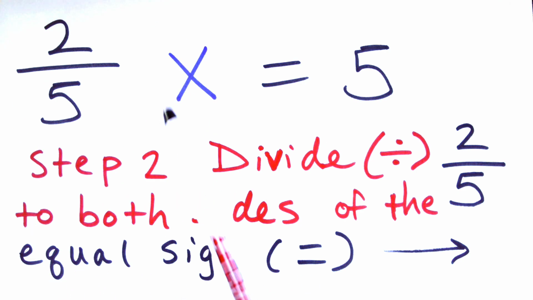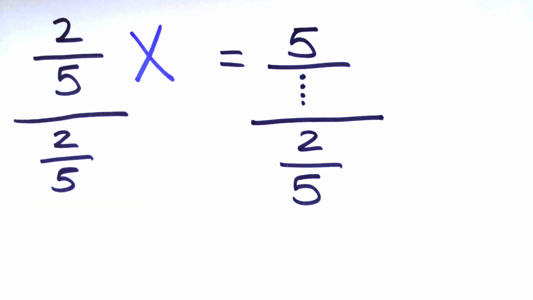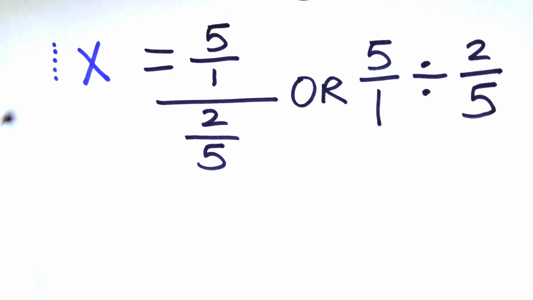What you do to one side of the equal sign, you have to do to the other side. Okay, so here you can see dividing by 2/5 on one side of the equal sign and dividing by 2/5 on the other side. 2/5 over 2/5 is equal to 1, you said 1, you're absolutely right.